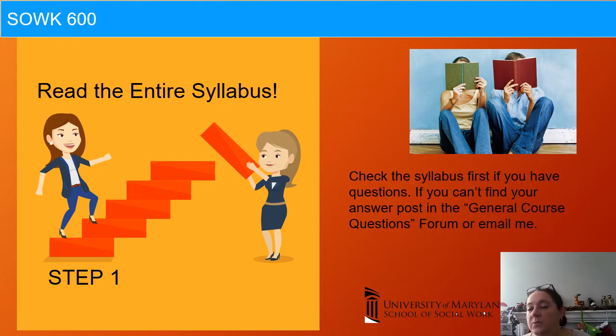So the most important thing is to read the entire syllabus. It is in Blackboard now, and at the end there is a course schedule, which for the most part is pretty accurate and up to date. I may change little things here and there along the way, but I'll always let you know. There'll be nothing big.